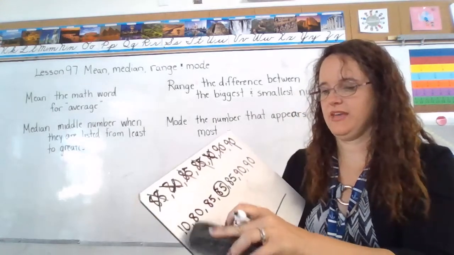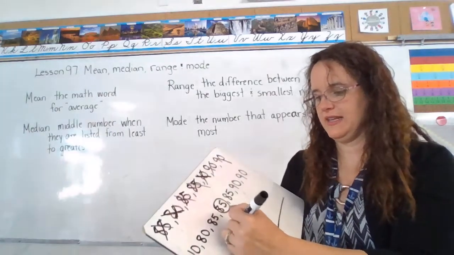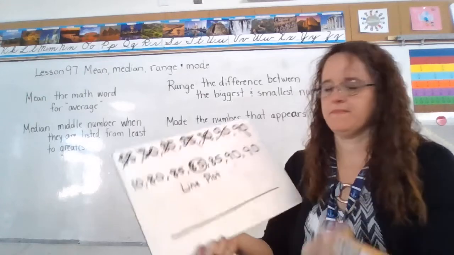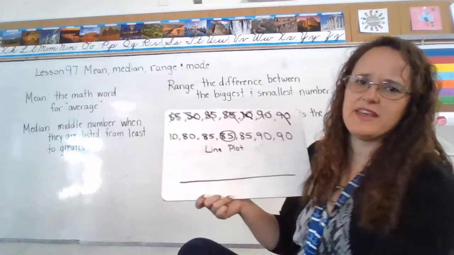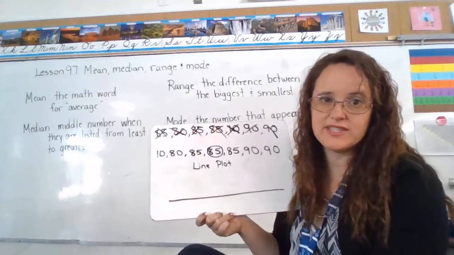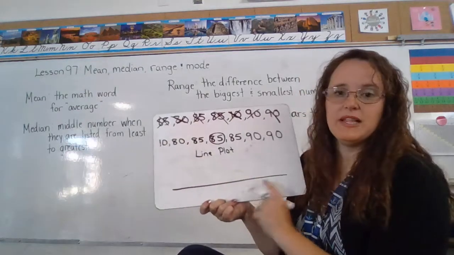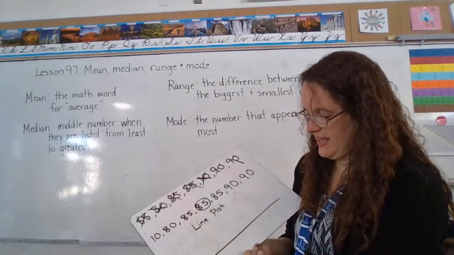So let me get rid of my outlier here, and we're going to label it a line plot. And you'll see these in tests. You may have already seen some of them, not in your Saxon tests, but in a science book if you use a science curriculum or maybe some of the Illuminate tests. A line plot has a line like this, and then it has numbers listed.